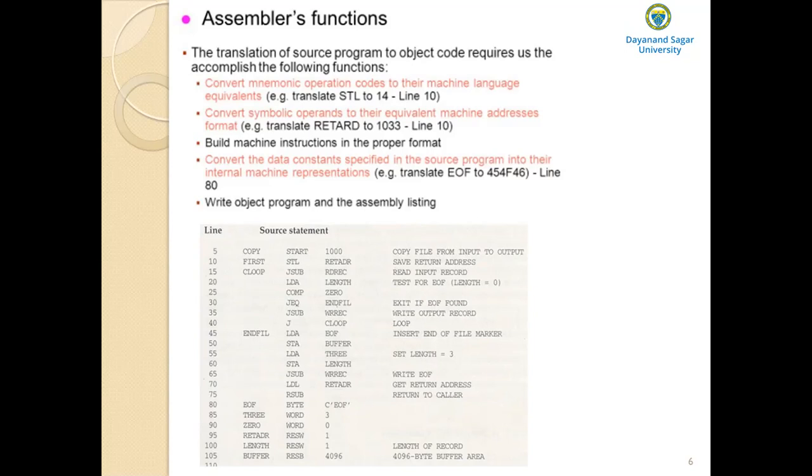What is that second function? The second function will create a problem or difficulty. It says: converting the symbolic operands to their equivalent machine addresses. For example, translating RETADR to 1033 at line number 10. This will create a problem.